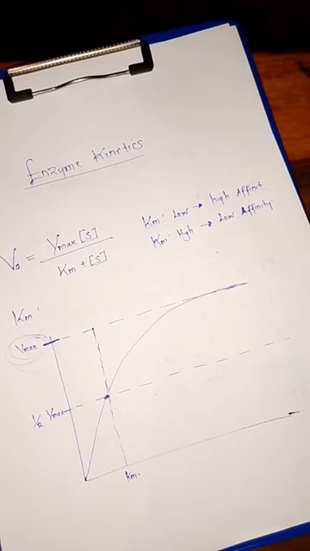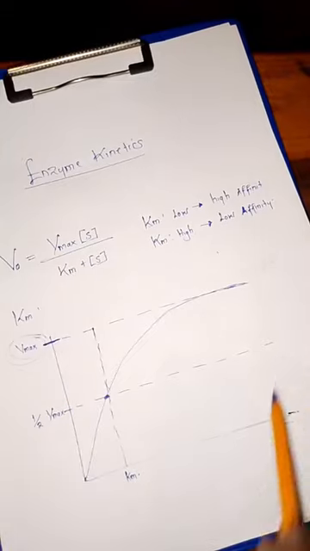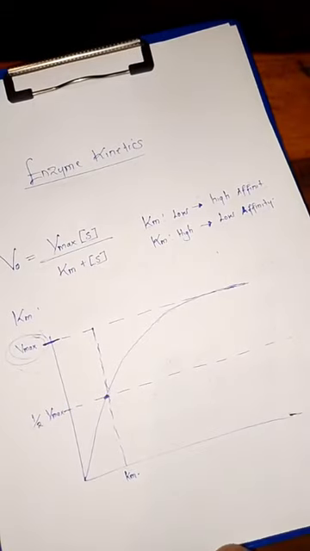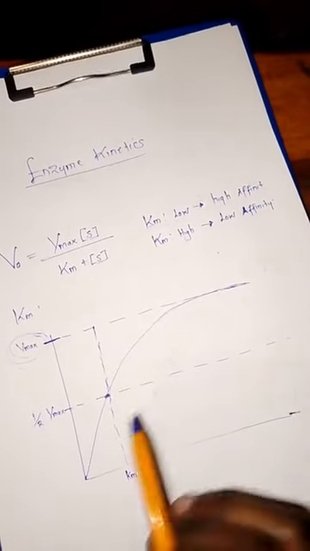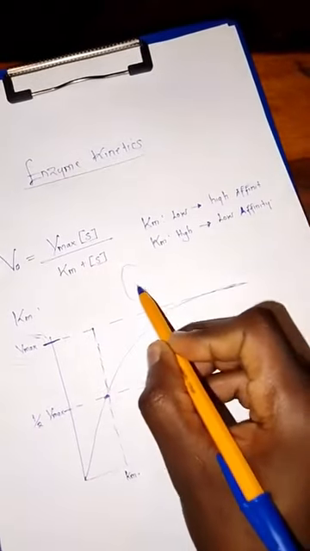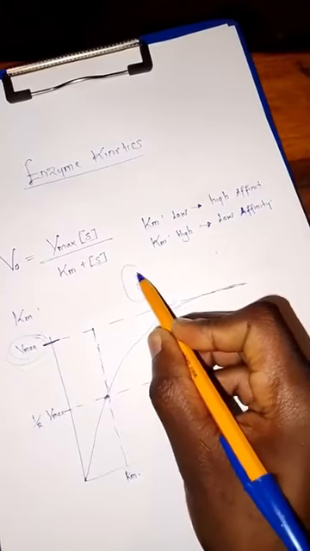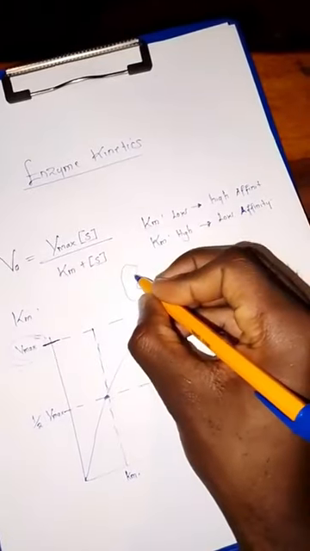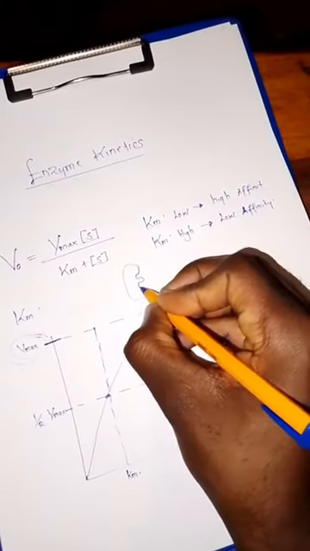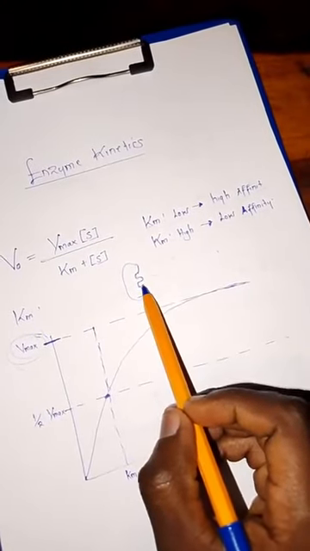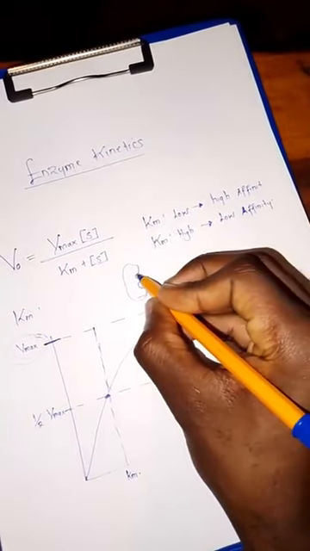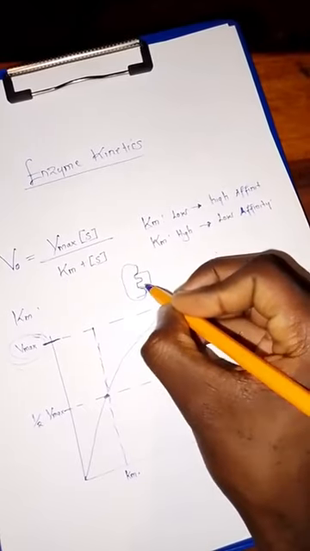So now let's look at how this competitive inhibitor tends to affect the Km, the Vmax, and the half of the Vmax. What you have to know is that in the presence of a competitive inhibitor, let's say this is an enzyme, and instead of the substrate binding to the active sites that we have here, maybe an inhibitor comes and binds there.